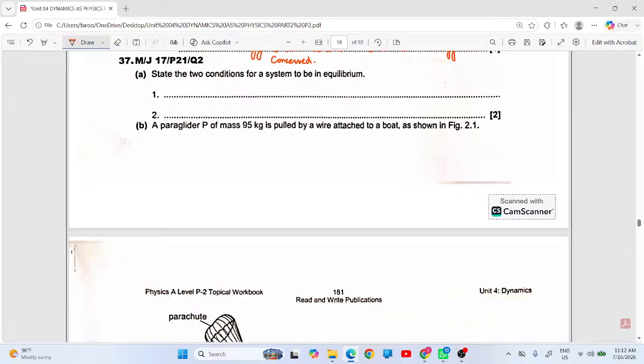The resultant force in any direction must be equal to 0, and the resultant torque, or resultant moment about a pivot, must also be 0.